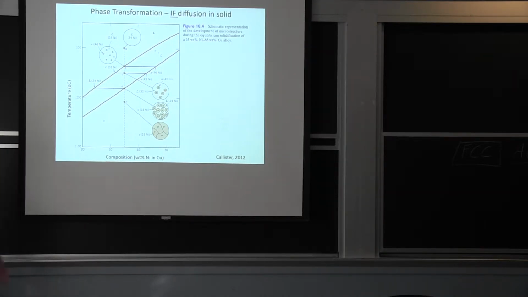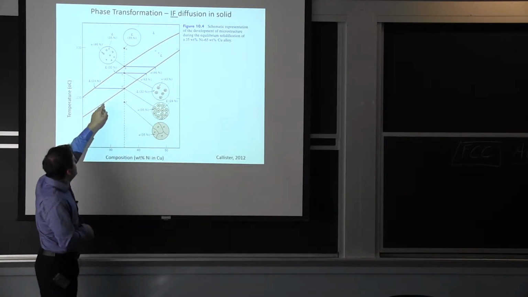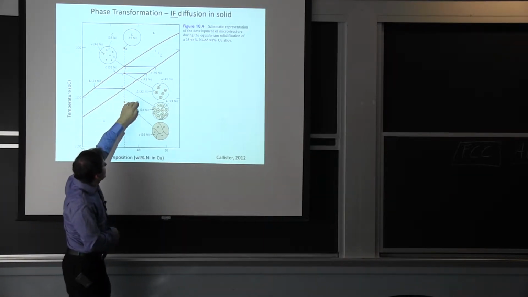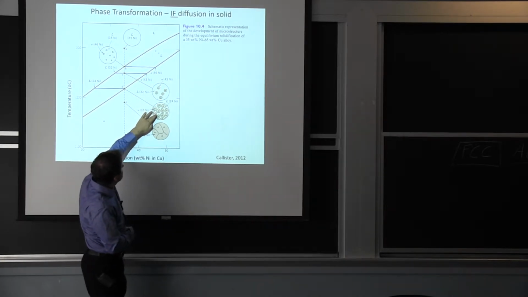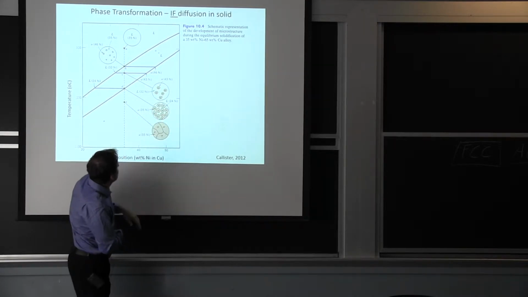The solid is always going to have a preference. It's always going to have a certain ratio that it's more comfortable with. It's a lower energy state. The liquid, on the other hand, also has a dynamic, but it's a very different dynamic. Things are not organized. So as you go from point B to point D, you see your microstructure keeps changing. At the beginning, you have just a little bit. Then you keep having a little bit more of that phase, and a little more.